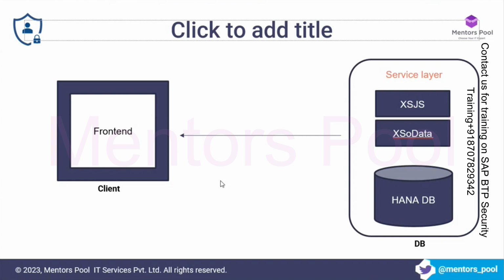Very simple, no? But there is a drawback here. The drawback is that it's a security gap. Meaning, if I'm not sure about this, or if I'm not watchful, I can simply expose all the data in my HANA DB to my front end.